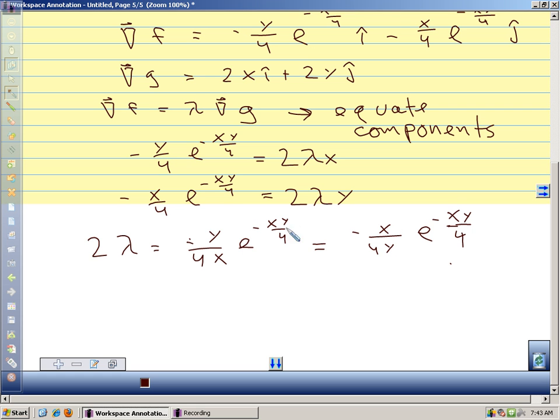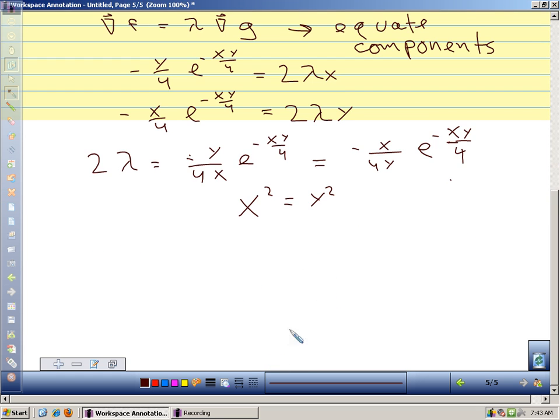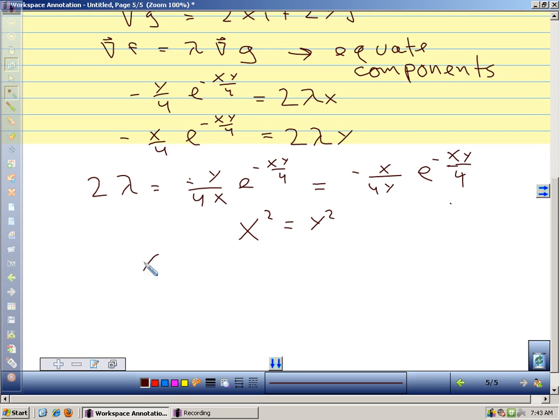And this equation, minus y over 4x e to the minus xy over 4 equals minus x over 4y e to the minus xy over 4. If I solve that, that gives me x squared equals y squared. And on my constraint, x squared plus y squared equals 1.